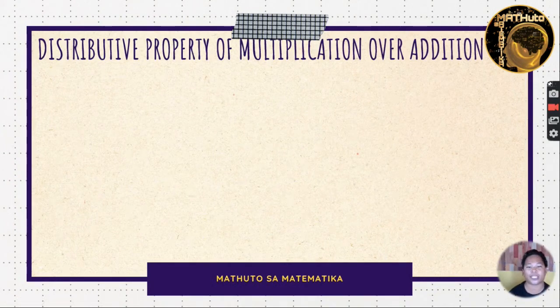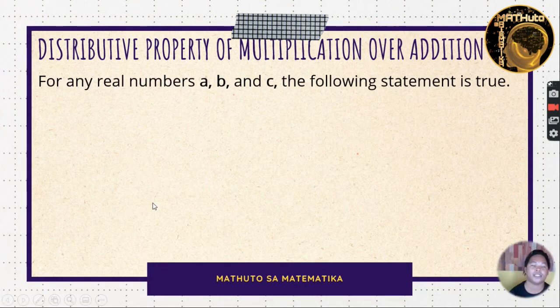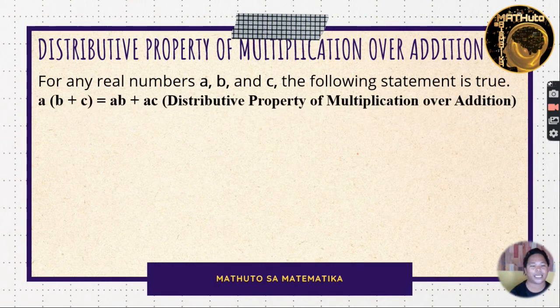For distributive property of multiplication over addition. So, pinagsama pong multiplication and addition. So, for any real numbers A, B, and C, the following statement is true. A times the quantity B plus C is equal to AB plus AC.